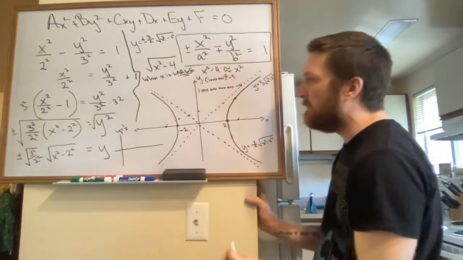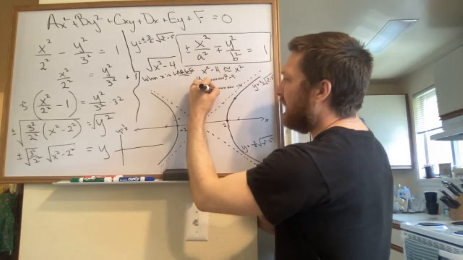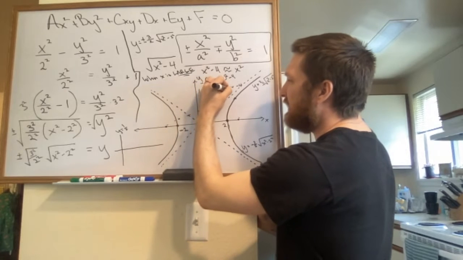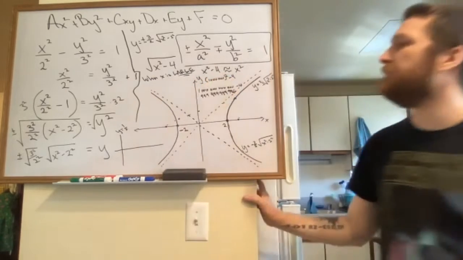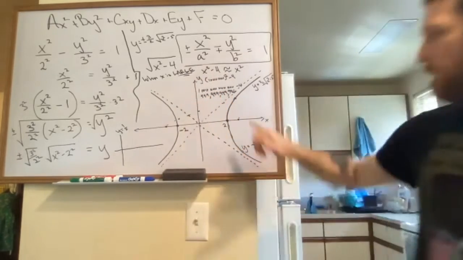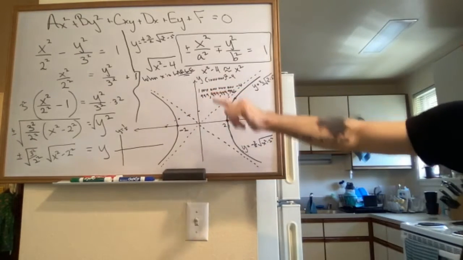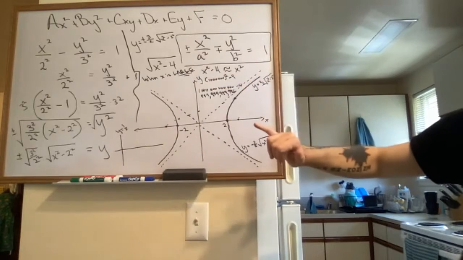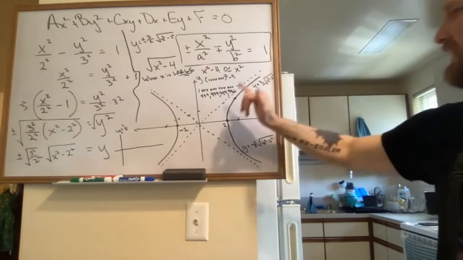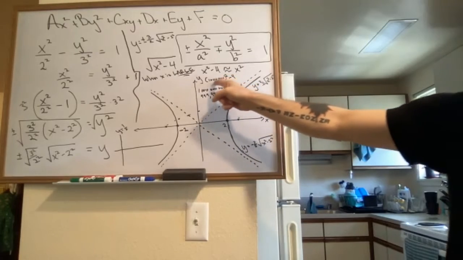Minus 4 would be 999,999,999,996. And let's just look at that. That is very close to 1,000,000 squared.